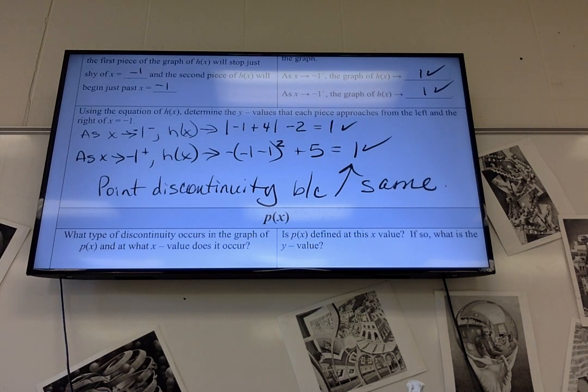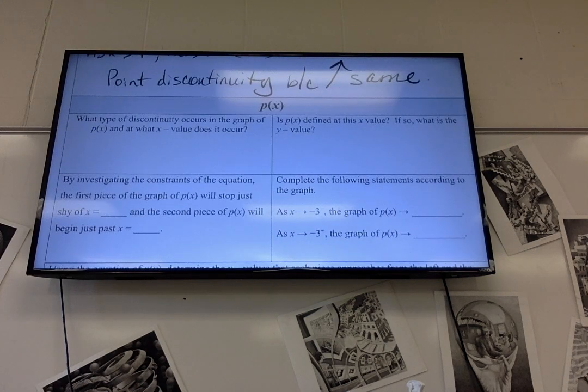Start going over this. What type of discontinuity would it be, Becca? Point. And it's at x equals negative 3. Okay. All right. Then, is it defined at this value, Justin? Yeah. What does it equal at negative 3?